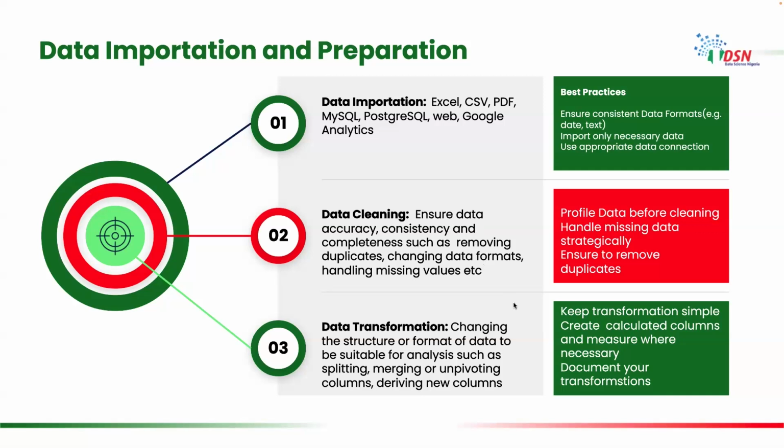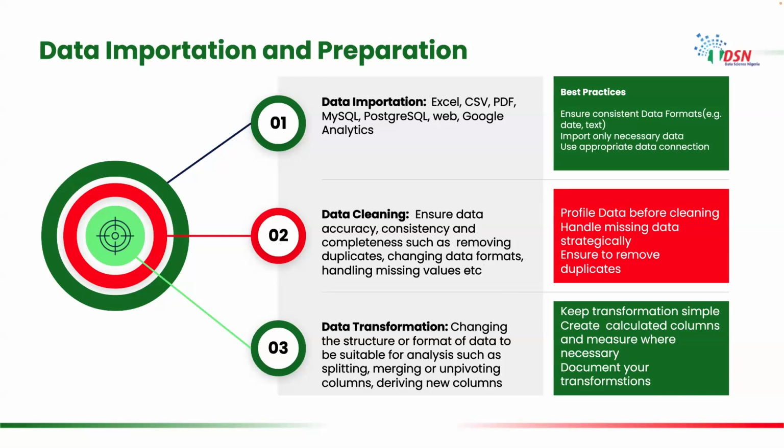So best practice is always to ensure that your source is consistent, import only necessary data, and use an appropriate data connection. When you are talking about necessary data, you might go to a database you want to bring in. Don't just go there and pack in every data set you see there. You have to know what you need. Which table am I interested in? The table you need will determine the table you bring in.